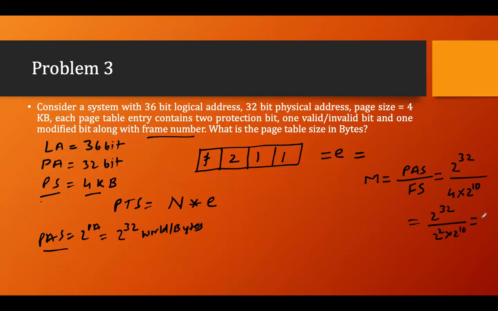So 2 to the power of 32 divided by 2 to the power of 12 is 2 to the power of 20. So how many bits do we require? We require 20 bits.